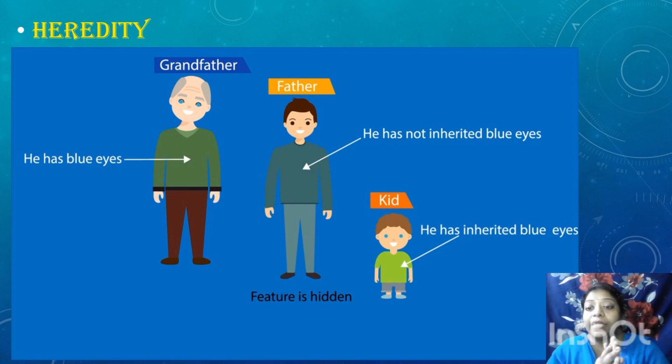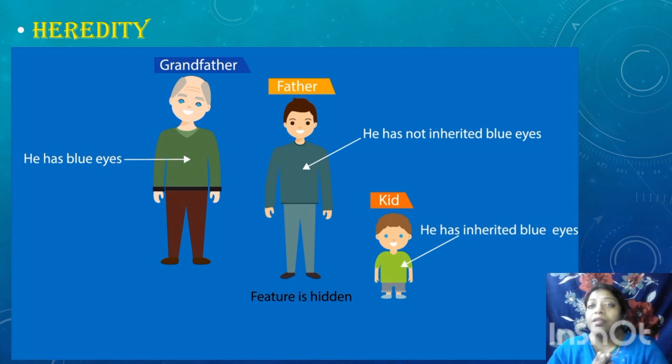So when you see the picture right here, the grandfather, the father, and the kid. When you take the grandfather, of course, he has the blue eyes. The eyes are very evident over there. But that is the first generation.